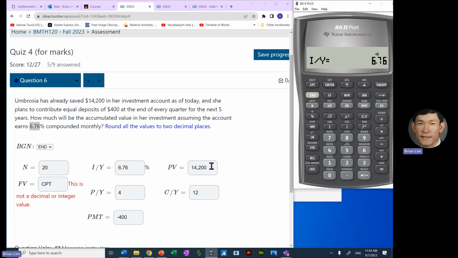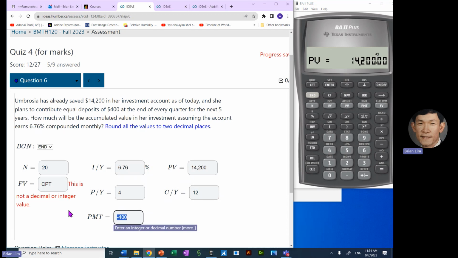Present value. Well, there is a present value of $14,200 because that has already been saved into the account. Payment is how much? $400. So there we go, 400 negative payment. And with that, we can do a computation.